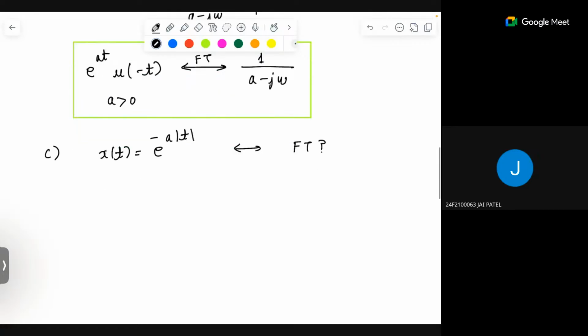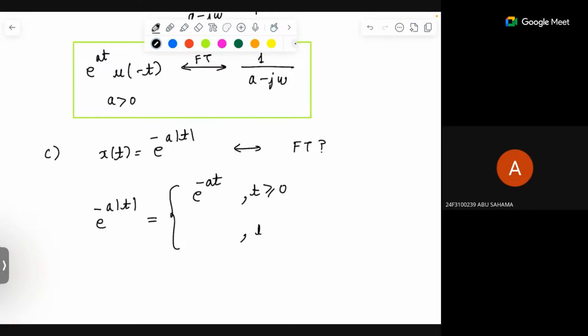So first let us remove this modulus. So e raised to the power of minus a mod t is equal to, for t greater than or equal to 0, what will this be equal to? Can someone tell me? e to the power minus at. e to the power of minus at, since t is positive, so the mod will open with a positive sign.